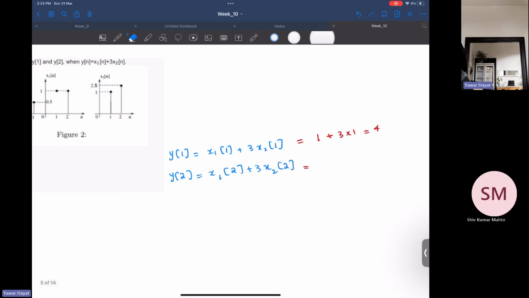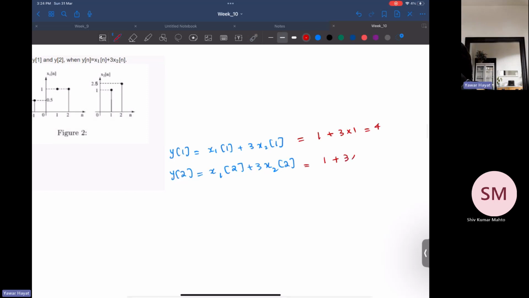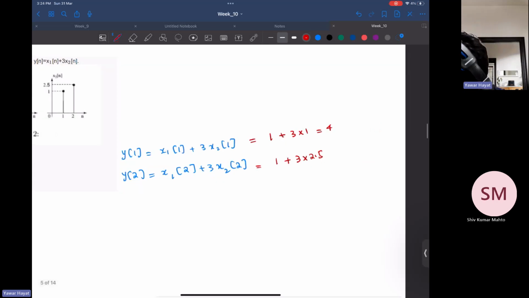So the answer should be x1 of 2 is 1 plus 3 times x2 of 2, which is 3 times 2.5. What is 3 times 2.5? That is 7.5, and 7.5 plus 1 is 8.5.